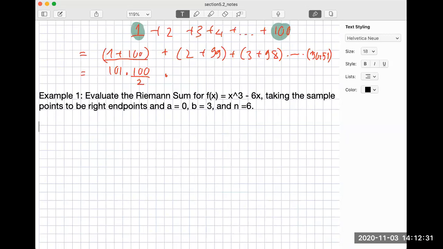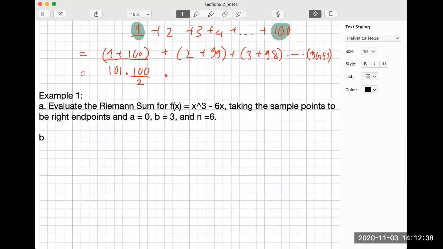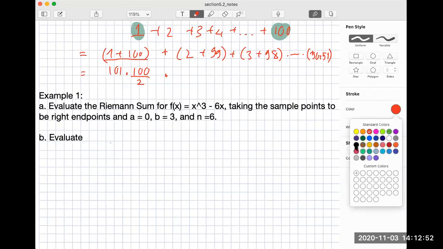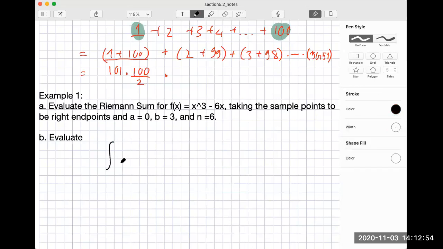The second question is to evaluate the integral from 0 to 3 of x cubed minus 6x dx.